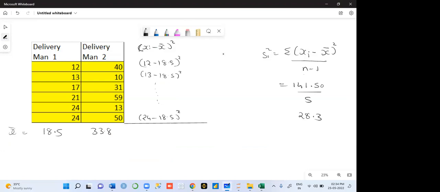Able to solve, everyone? Take your time. Each value minus mean. Able to solve?